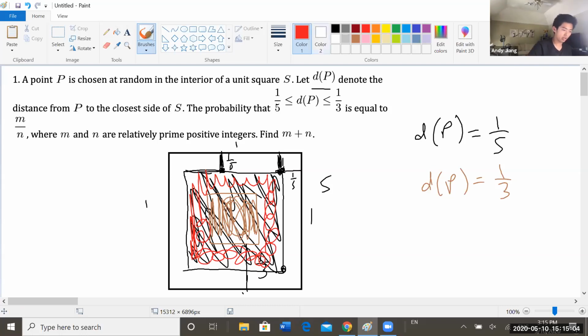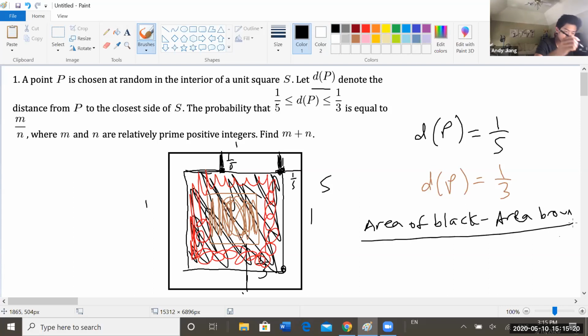So our answer becomes the area of the black square minus the area of the brown square over the total area. Now it's important to keep in mind what the total area is that we're dividing by. Well, it's the total area of S, which is 1 because it's a unit square.